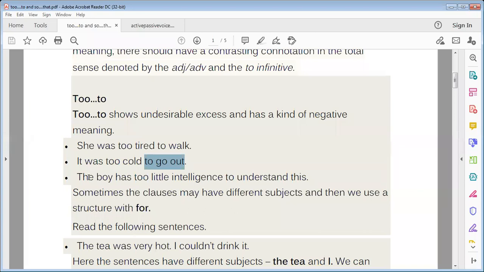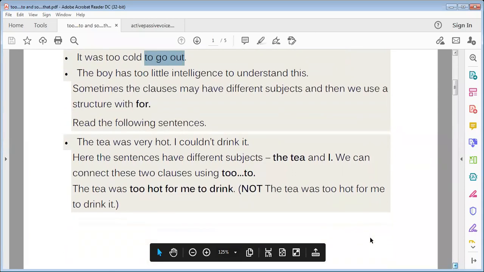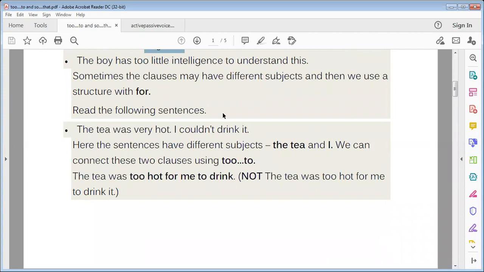Okay. But what they're saying is, if you have sentences where the subjects are different, here the tea was very hot. What is very hot? The tea. And who is not able to drink it? I. So if you have two separate subjects, then how are we going to write the sentence?